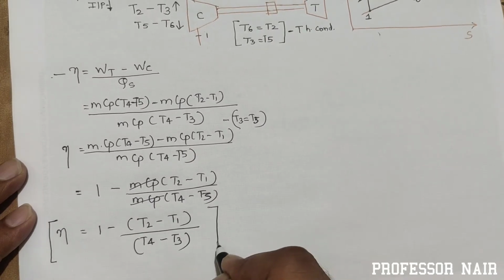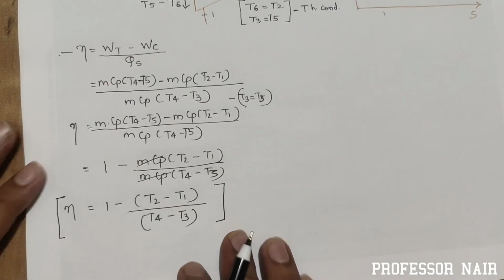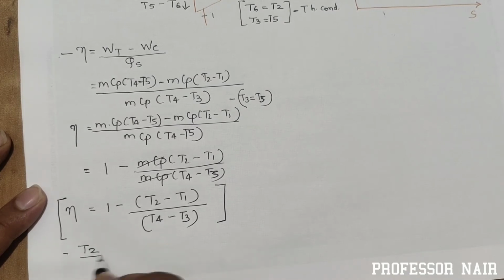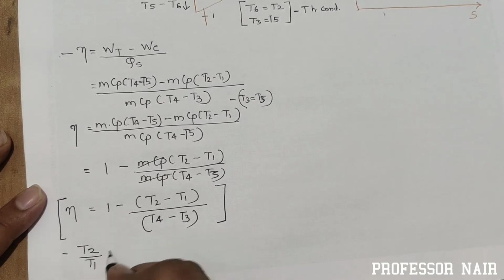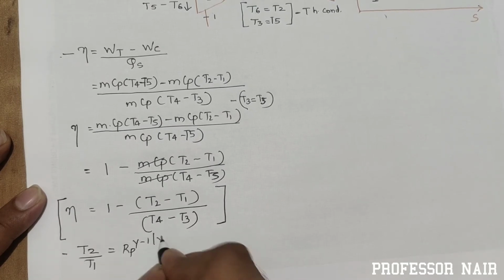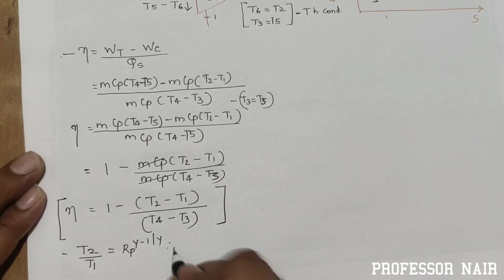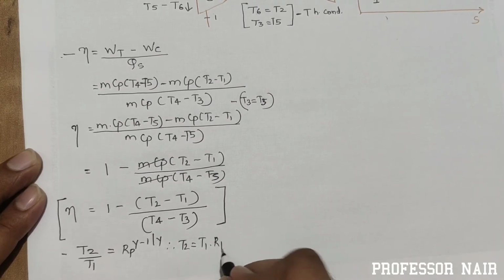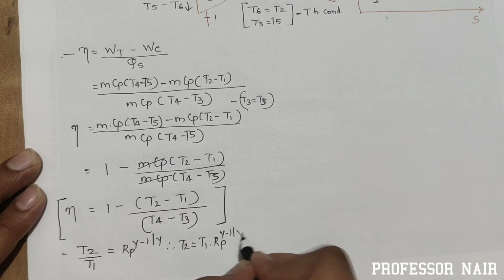So how can I further derive this equation? As we all know, and I had explained earlier, T2 upon T1 would be equal to Rp raised to (gamma minus 1) upon gamma. So tell me, T2 value would be what? T1 into Rp raised to (gamma minus 1) upon gamma.